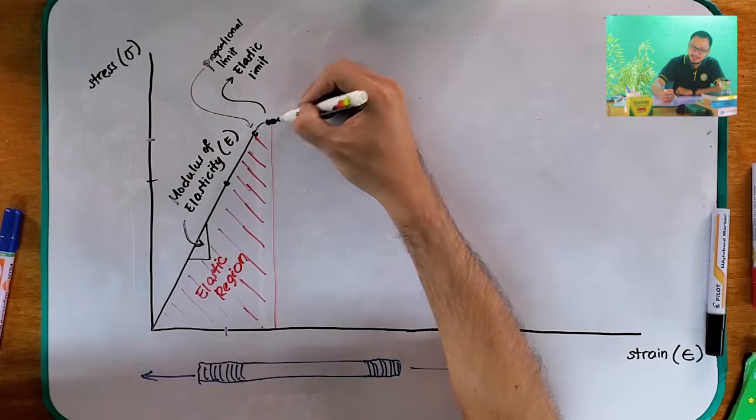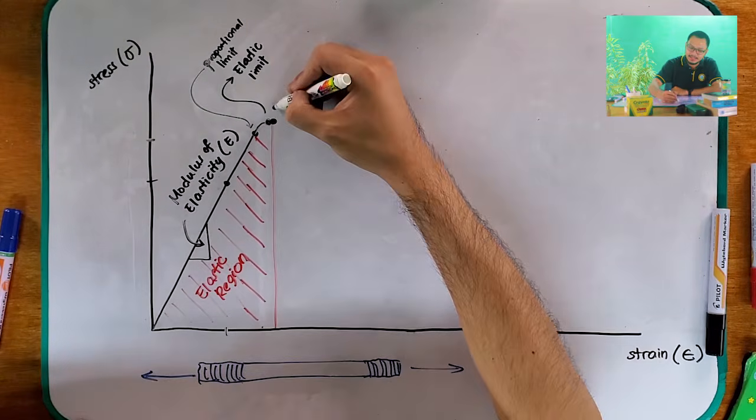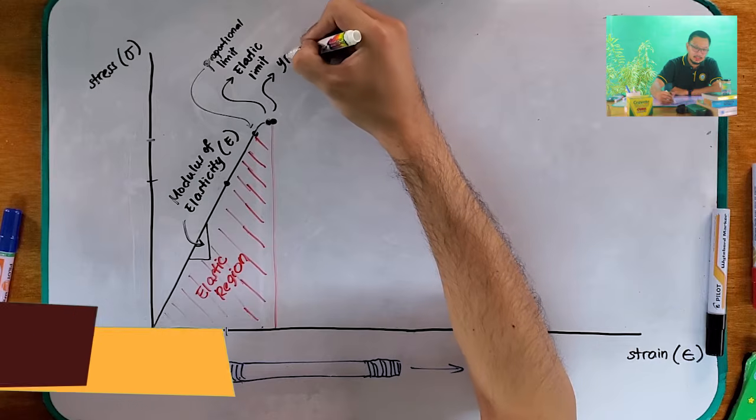But in this case diri sa atong plastic nga behavior, kung ato iinat ning kani nga material and then ato i-remove ang load, dili na siya mobalik sa iyang original nga length. And actually, in this point, the same sa imong elastic limit or duol sa imong elastic limit, gitawag nga yield stress. Ang kaning yield stress, diri na siya may give up sa iyang pagka-elastic. So, diri ang transition sa iyang elasticity to plasticity.